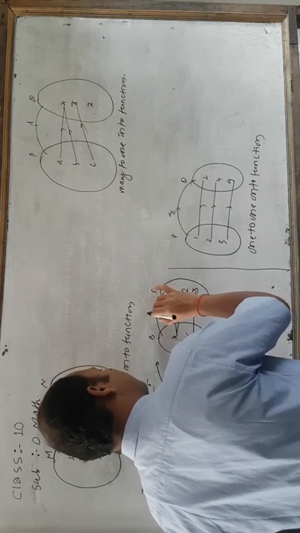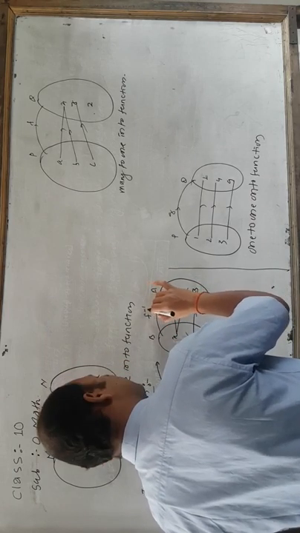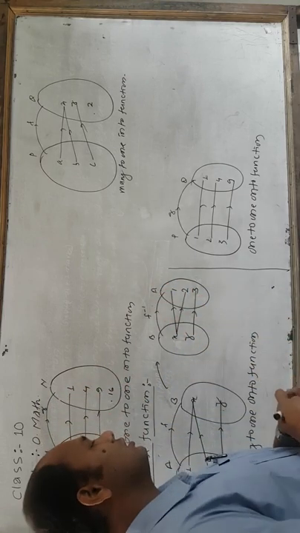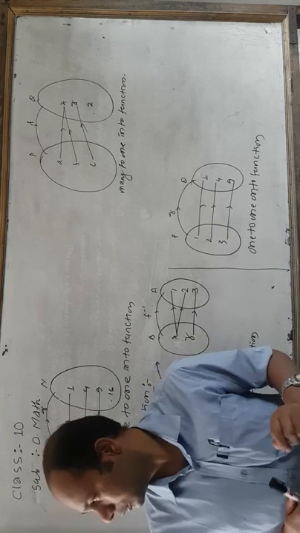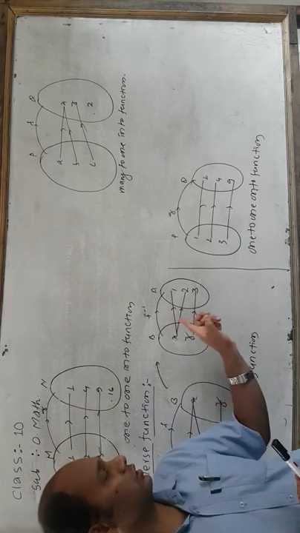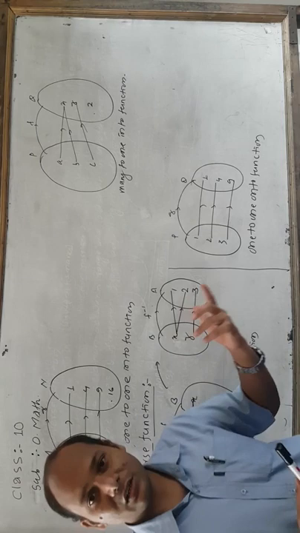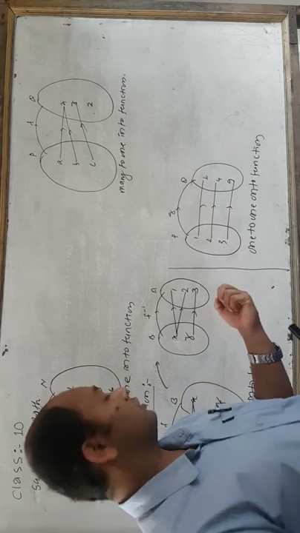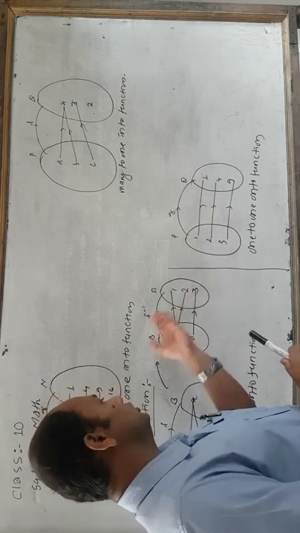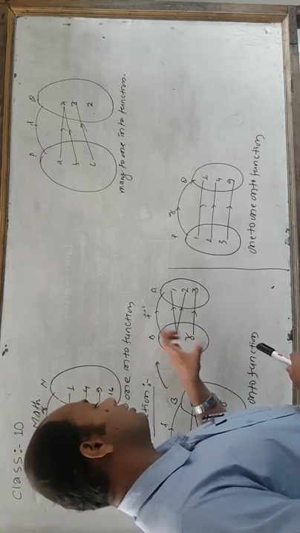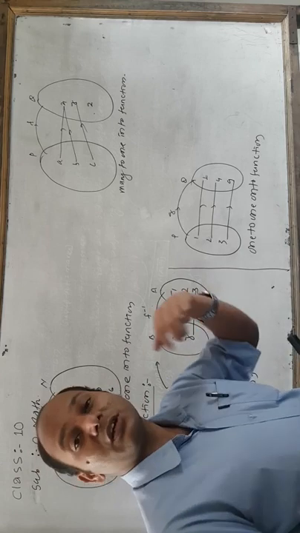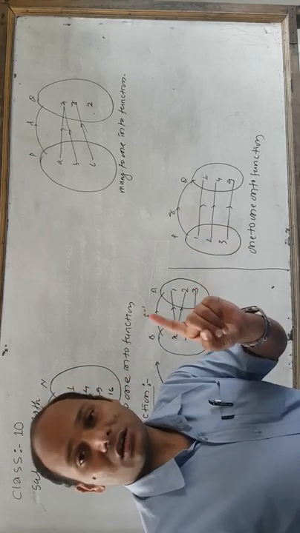Now when we find its inverse, then it is a relation. But now look here, this follows the definition of the inverse, but does this follow the definition of the function? We already discussed about the function. If each and every element of the first set maps with a unique element of the second set, then it is called a function.